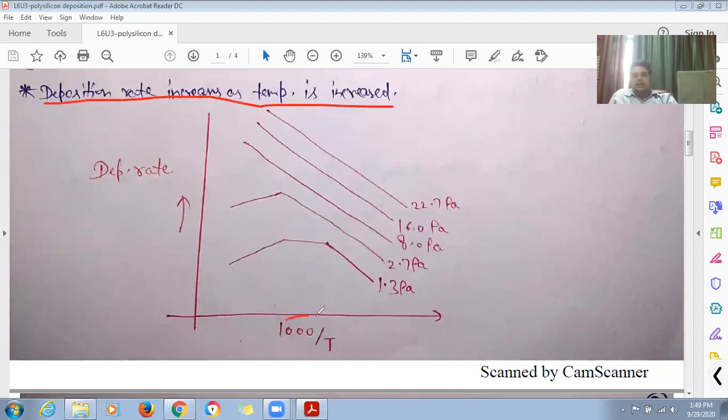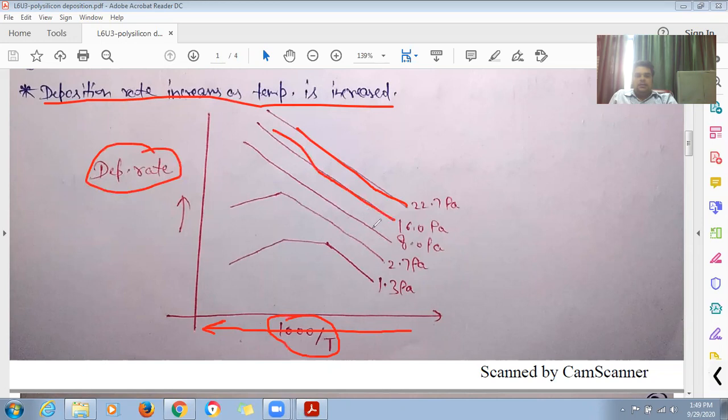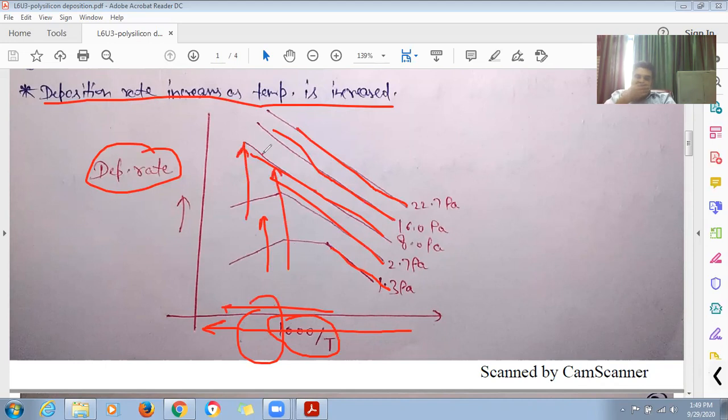As you can see here, on the horizontal axis, temperature is in the denominator. So if we increase the temperature, we are going from right to left. As we increase the temperature, we can easily see that the deposition rate is increasing. But as the temperature goes high, the deposition rate no longer remains a straight line.